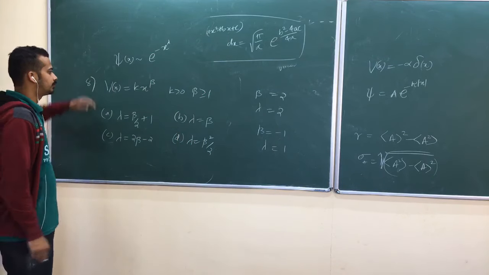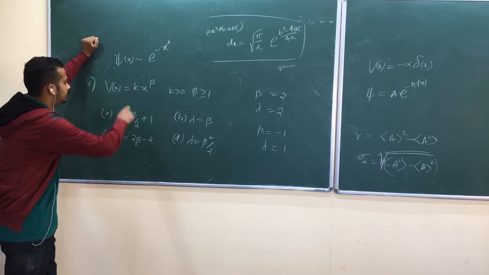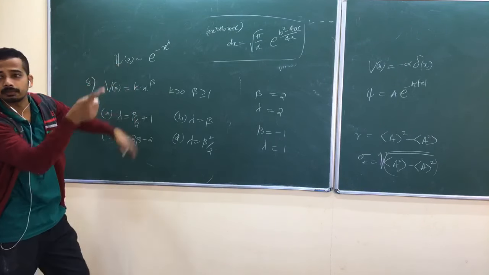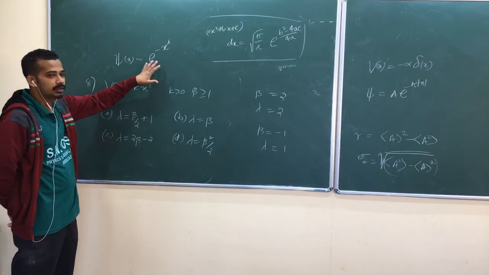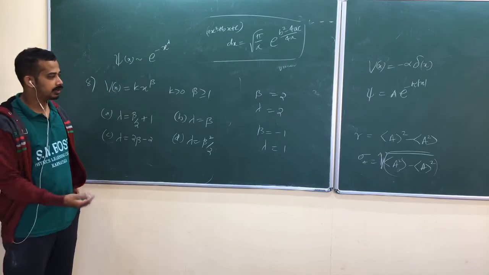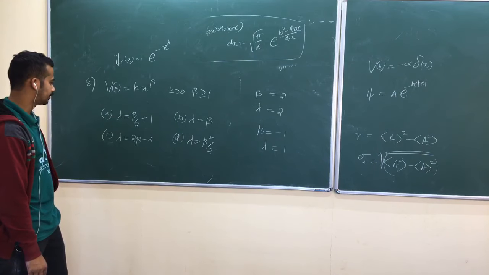Wait a second, I am not sure, because there it was a 3-dimensional problem. I mean V of x equal to 1 by r potential, the Coulombic potential. Then your ground state wave function was e power minus r kind of thing. Let me try that out. Beta equal to -1, lambda should be equal to 1.